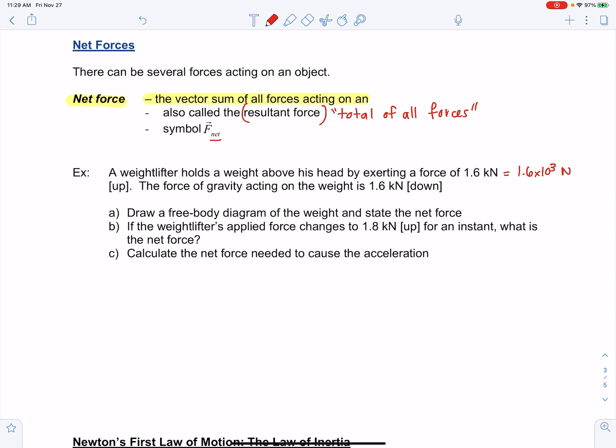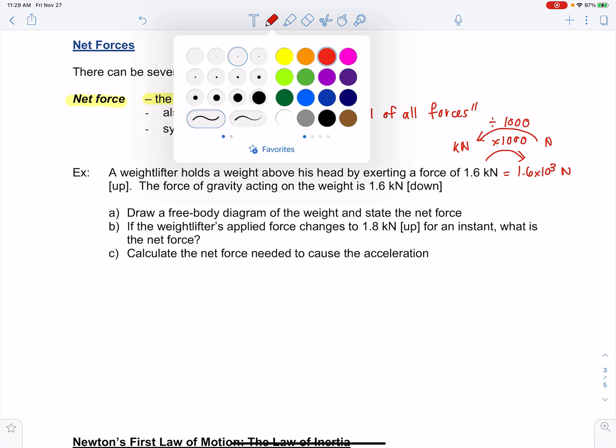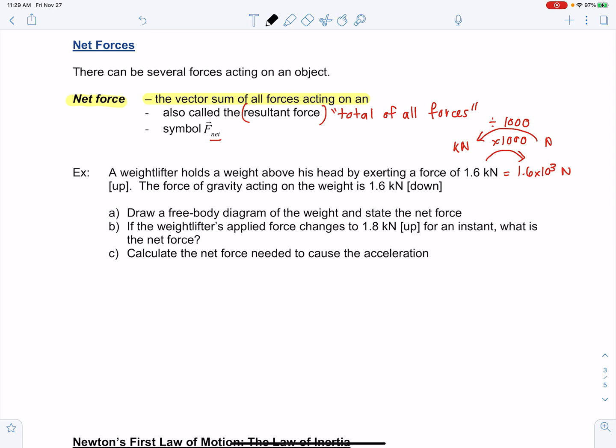To go from kilonewtons to newtons, you multiply by 1,000. And to go in the opposite direction, to go from newtons to kilonewtons, you divide by 1,000. In part A, they want us to draw a free body diagram of the weight, and they want us to state the net force. So we'll draw a weight.